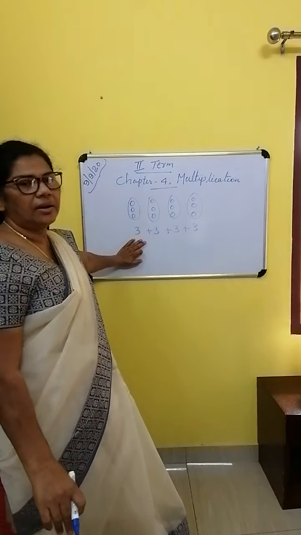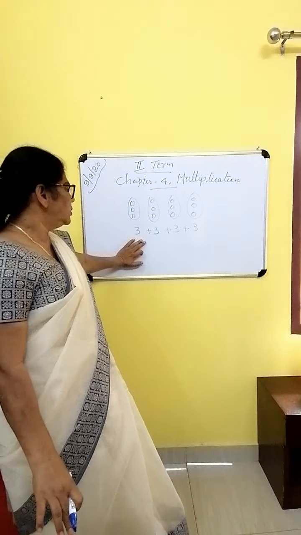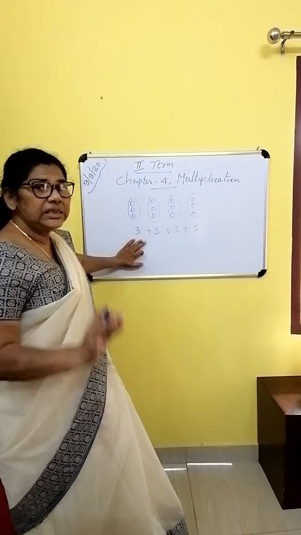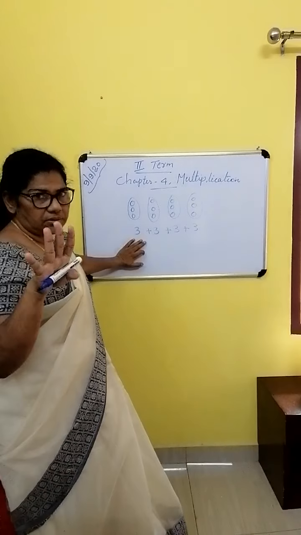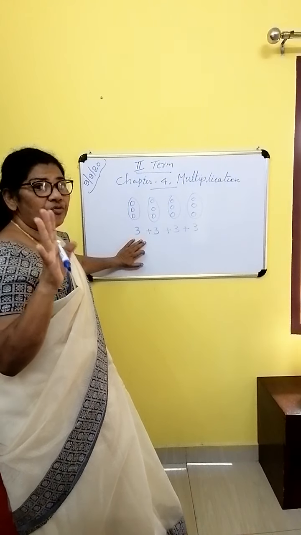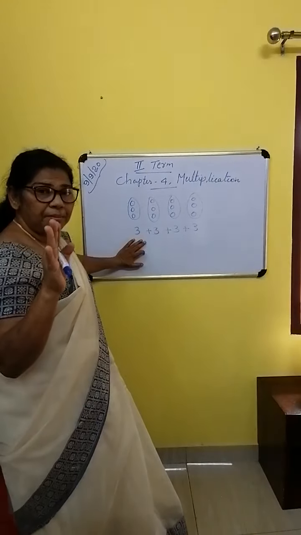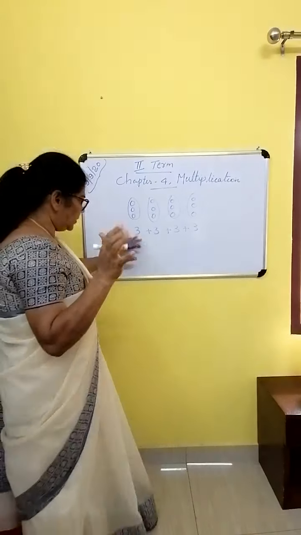How many 3's are there? 4 3's. So what is the number given? 3 is the number given. 3 is repeated 4 times. So the number given is written first.